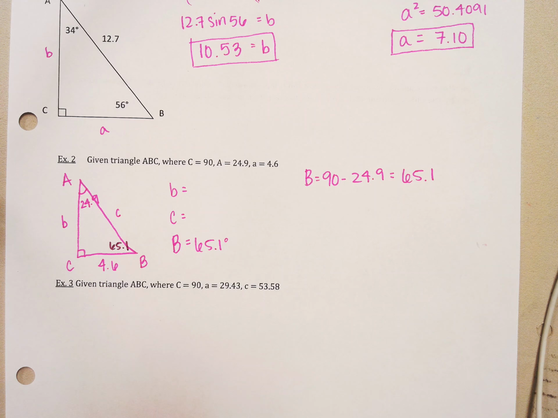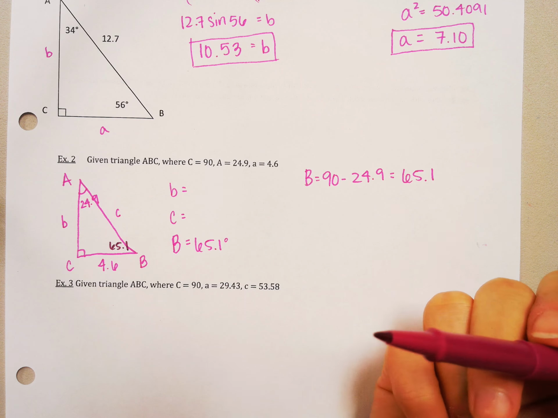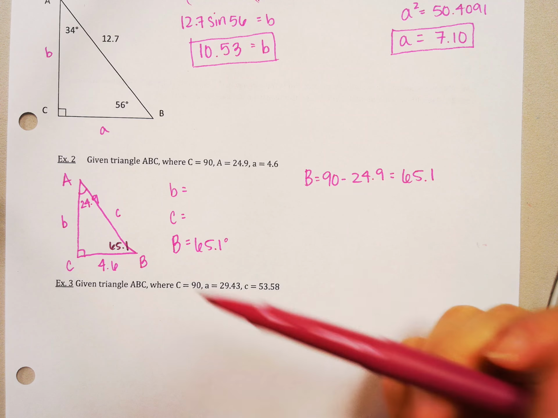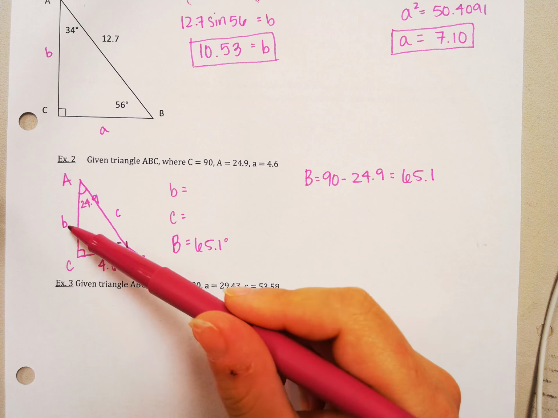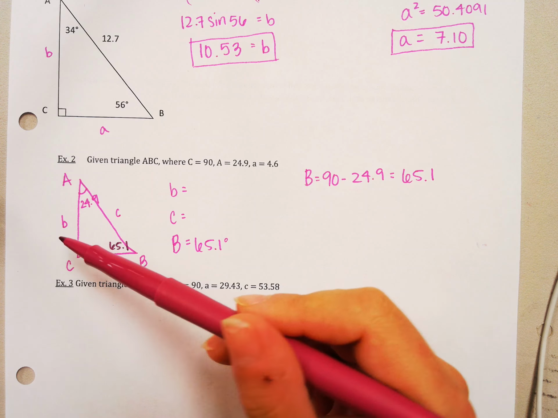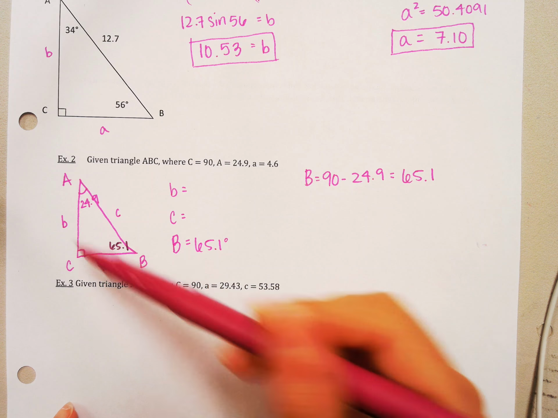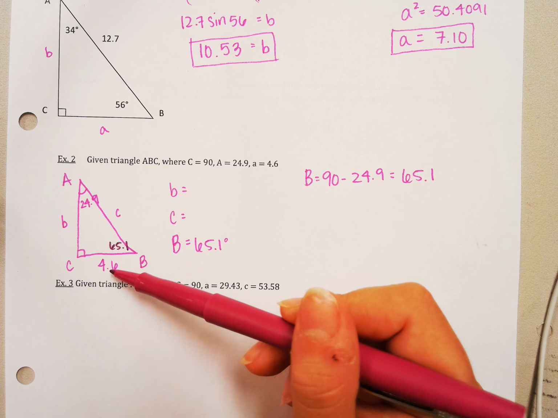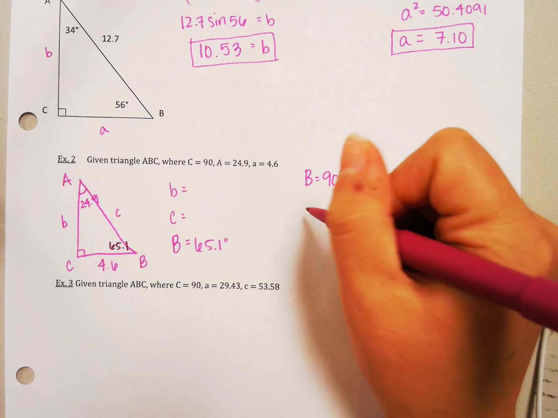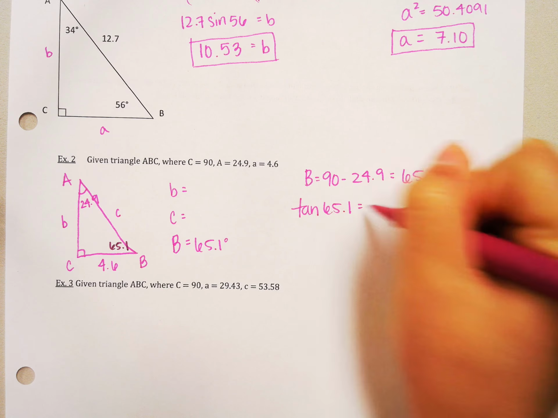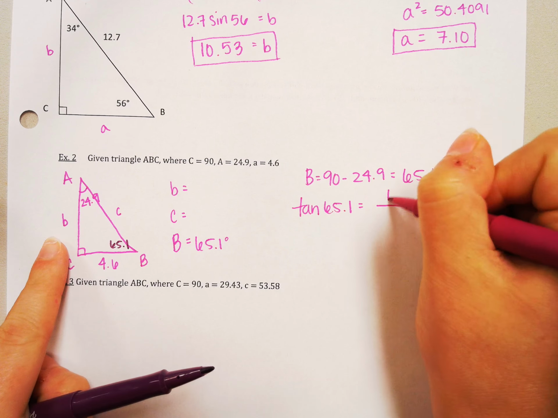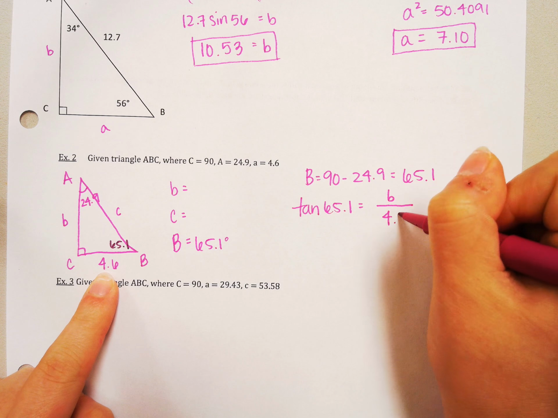And then now that we have that angle measurement in our triangle, we can set up a trig ratio to get our other measurements. I would use this one to find b, because b then is going to be in the numerator. If I'm dealing with b and this side, this would be my opposite and my adjacent, which means I'm going to deal with tangent. So the tangent of 65.1 is equal to opposite over adjacent.